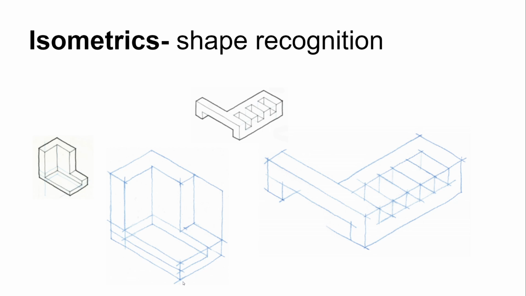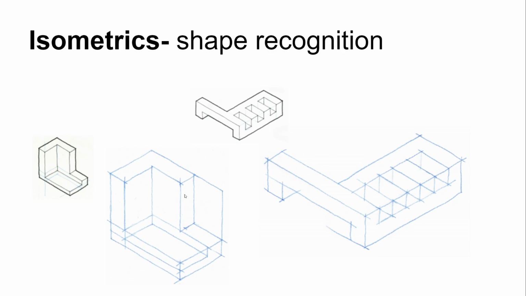We're using 30-degree angles. If there was a horizontal line right here, we're projecting at 30 degrees, and all of those lines remain parallel to each other. So this line is at 30 degrees, this line is at 30 degrees, 30, 30, 30, 30, and the same thing in the opposite direction.